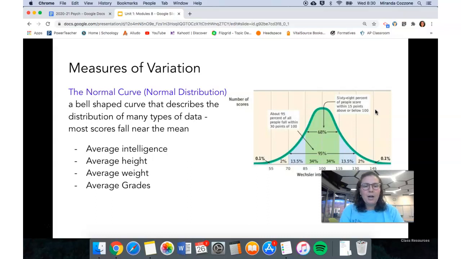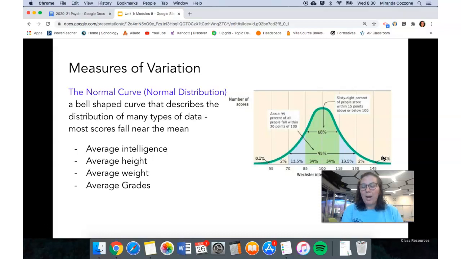And this picture here is called the normal curve or the normal distribution. This is a distribution or a curve. It's also sometimes called the bell curve. You'll see that sometimes as well. And it describes the distribution of many types of data where most scores fall near the mean, okay? So average intelligence is one of those.